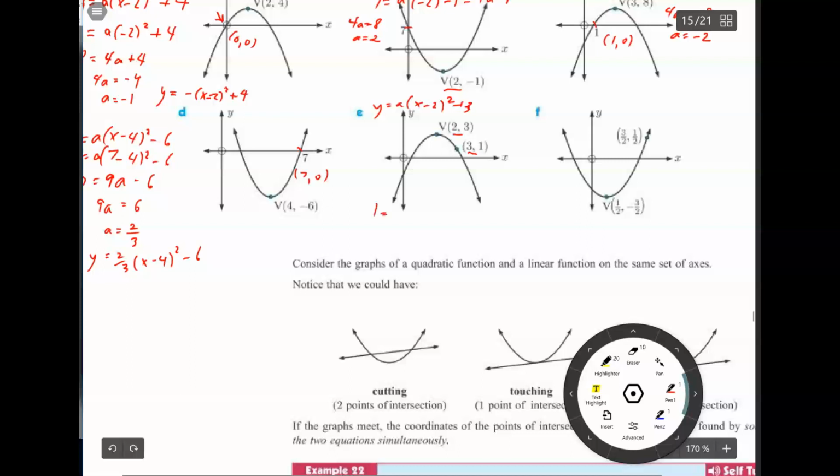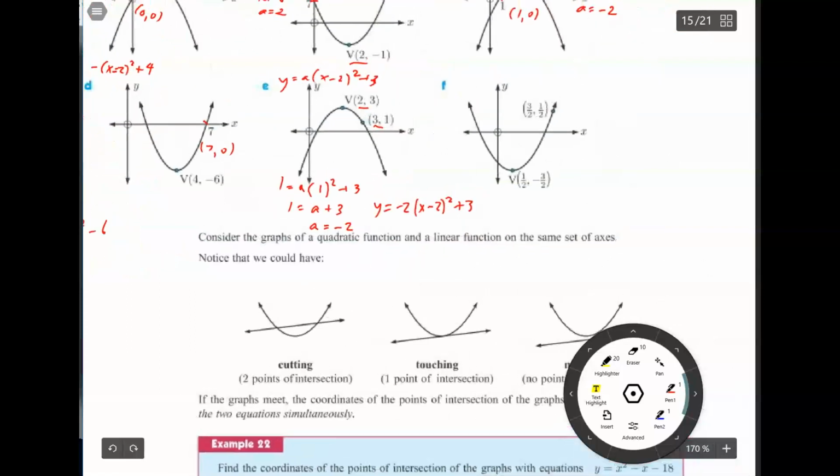So it would be 1 equals a times (3 minus 2, which is 1) squared, plus 3. So that would be 1 equals a plus 3. A is equal to, subtract 3 from both sides, you get a equals negative 2. And then I'm going to rewrite my function as y equals negative 2 times (x minus 2) squared plus 3.